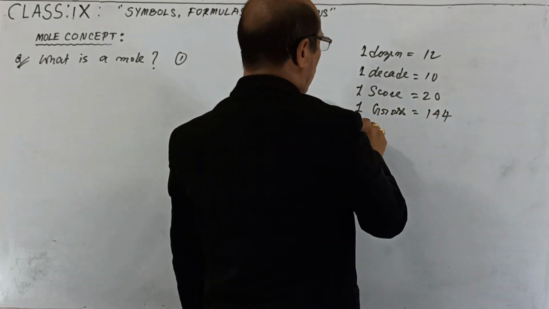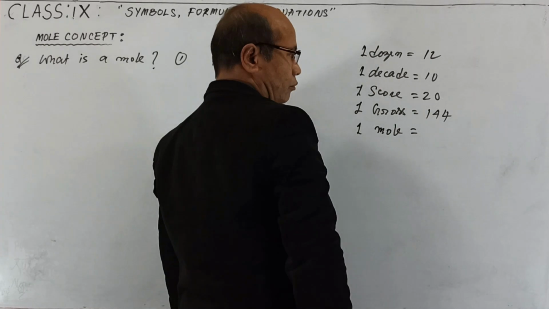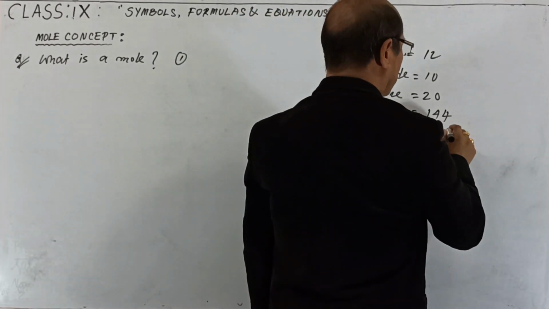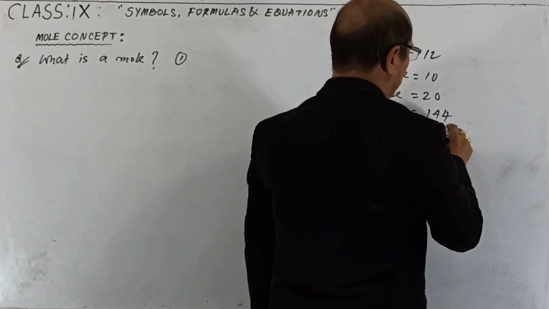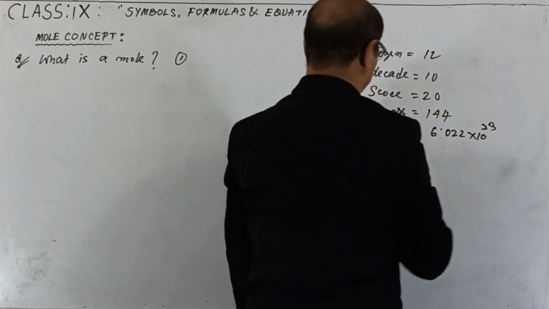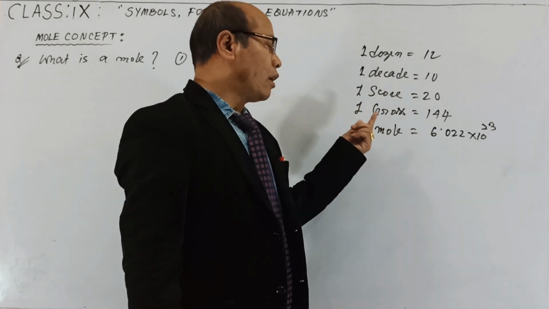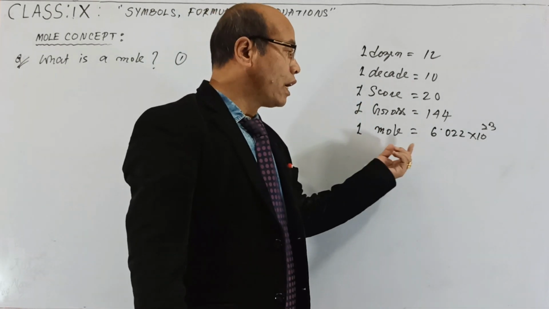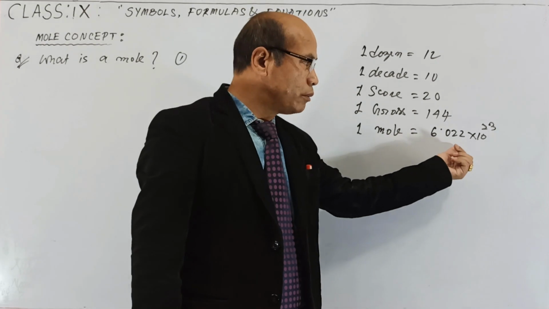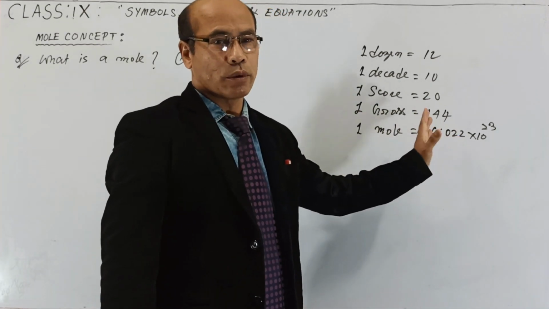Similarly, when I say 1 mole, it represents 6.022 × 10^23. So simply you can think like this. A mole is nothing but a name of a big number. And what is that big number? This big number is nothing but Avogadro number or Avogadro constant.